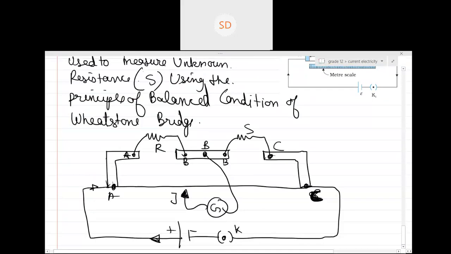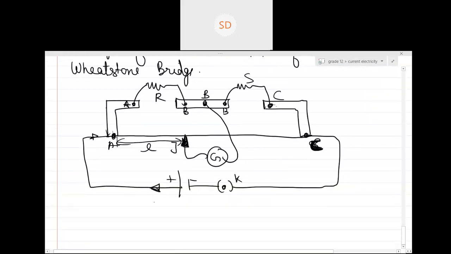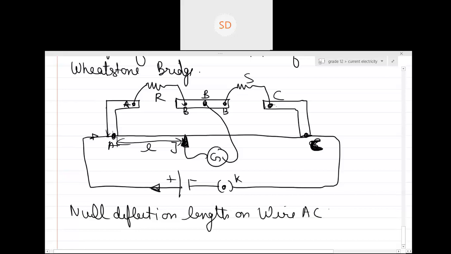So can you see there is one resistance between A and B, one resistance between B and C. There is one galvanometer between B and J, right? Can you see the length of the wire over here from A to J? If I connect this jockey over here where I obtain null deflection, then can you see this length L where there is null deflection? So always remember this null deflection length is very important on wire AC.